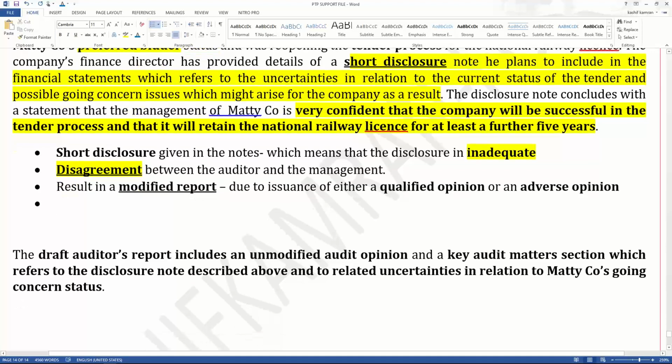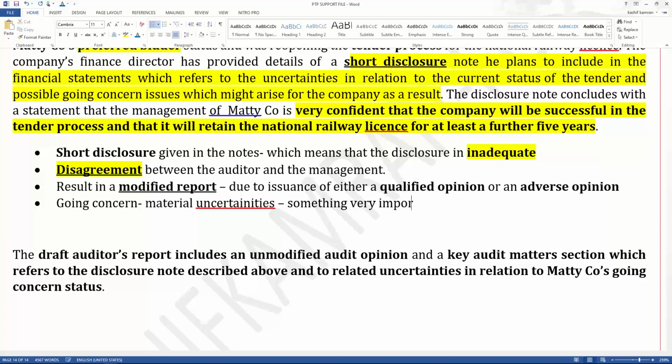Now tell me, do you agree that this matter relates with going concern and material uncertainties relating to going concern, which is something very, very important for the shareholder? If they fail to get the license, it can bring a big question mark on the future of this company. So going concern, it is a material uncertainty.